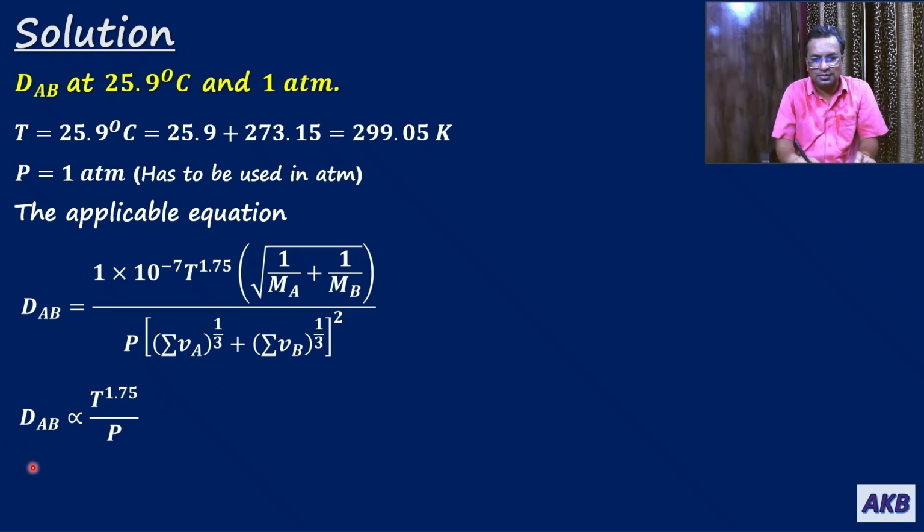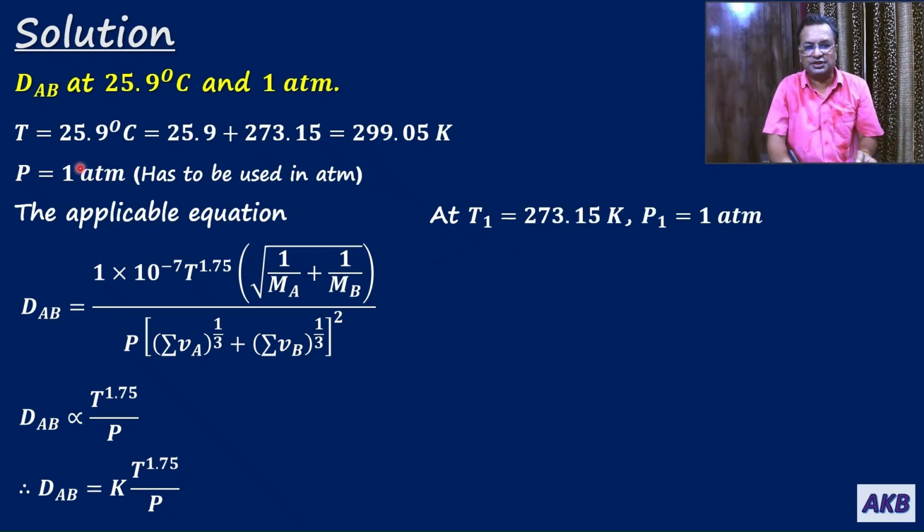Now for time being, if I introduce a proportionality constant, DAB will be equal to K into T raised to 1.75 divided by P. Now, if I call the temperature at this condition as T1 and pressure as P1, so at T1 is equal to 273.15, the previous condition where we had evaluated a diffusion coefficient, I will denote that by subscript 1.